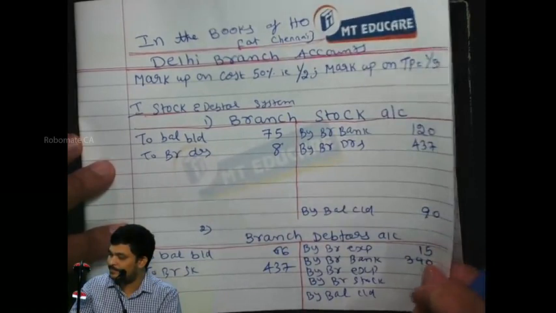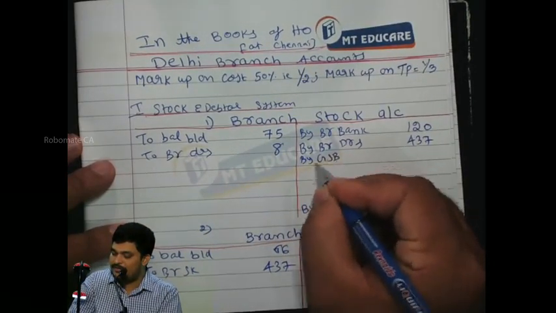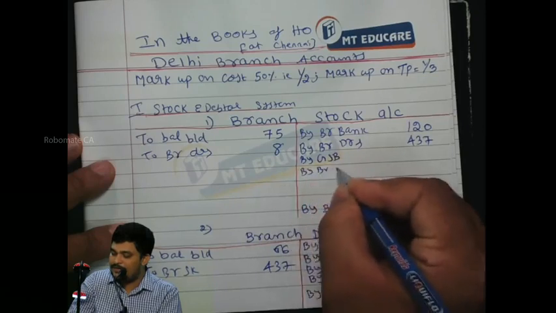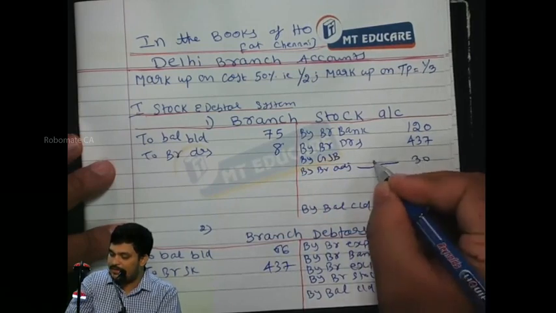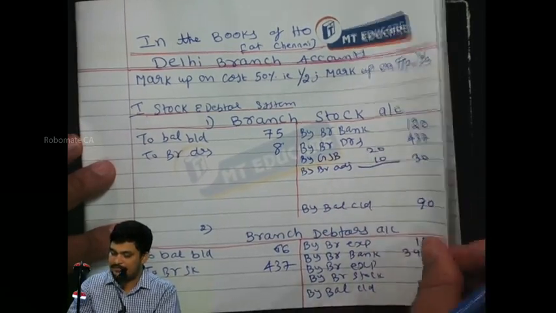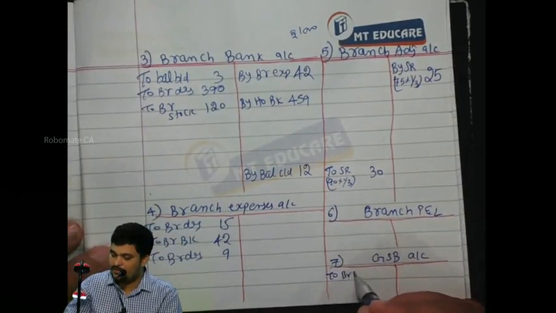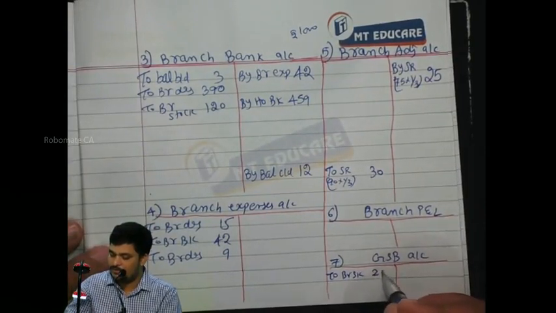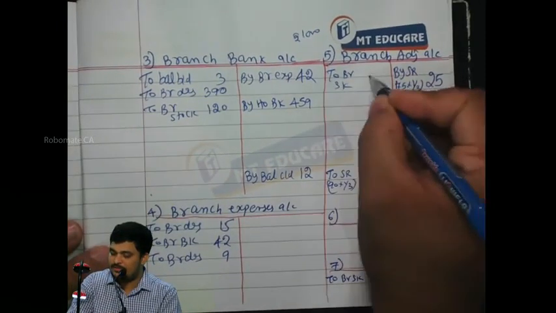Then by goods sent to branch, by branch adjustment together, thereby it is 10 and 20. To branch stock 20, to branch stock 10.